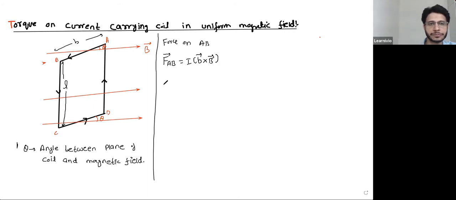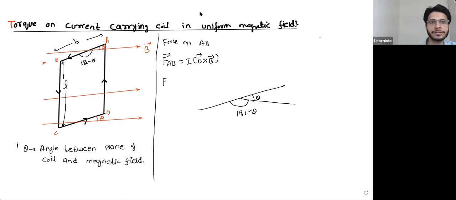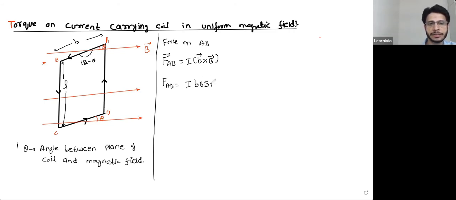Now see, this is the direction of current, and this is the direction of the magnetic field. The angle between them, if this is theta, is 180 minus theta, since this is a straight line. So FAB comes out to be I B B sin of 180 minus theta.